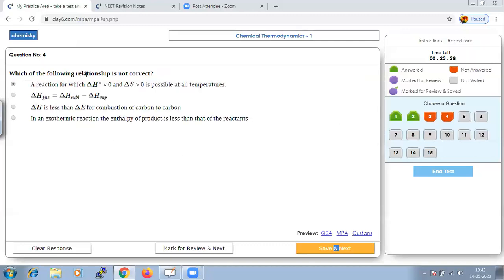The question says, which of the following relationships is not correct? Immediately, all the analysis which we discussed: what is the delta H value, how is your delta S possible, or what should be the value of delta E. So from this we can say that delta H is less than delta E for combustion of carbon to carbon. This we all know. It is a fact.